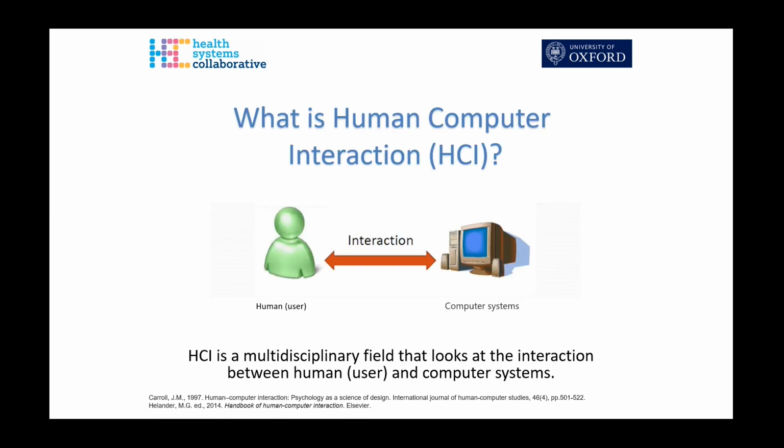So human-computer interaction is a multidisciplinary field because it covers and relies on a wide range of topics, such as computer science, behavioral science, cognitive science, psychology, and even design principles and many other topics. It looks at the interaction or relationship between human and computer systems. As you can see, human-computer interaction includes three parts: the users, or human, which can be a person, a group of individuals working together, a local community, or any particular population.